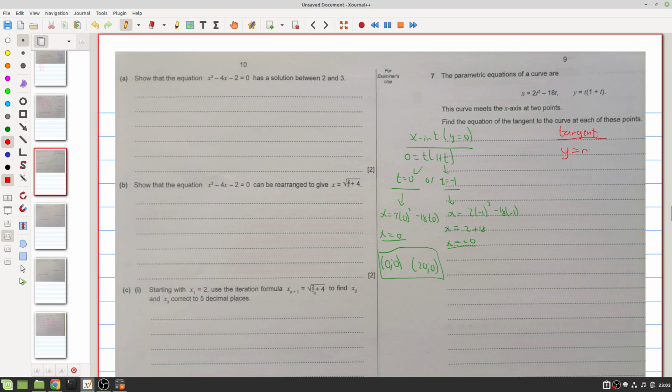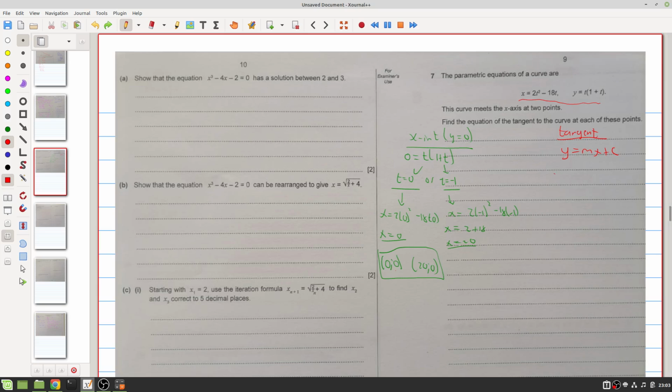It's a line, right? So it's y equals mx plus c. So we need to find the m and the c values for this. The m is the gradient. So the m here is going to be the same as the gradient of the curve at both of these points. Okay, so let's first find the equation for the gradient of the curve.